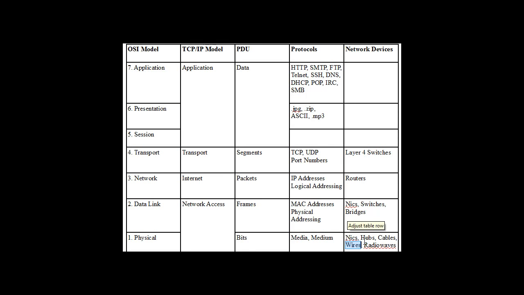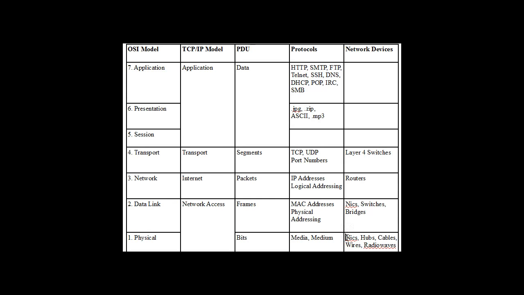Also, a hub, which you don't see around too much anymore, functions at layer 1. You can plug your devices into them, but hubs are not smart. They don't know about MAC addresses or IP addresses or anything, and they're just retiming and regenerating signals, so they function at layer 1.